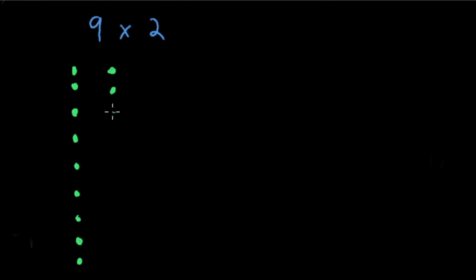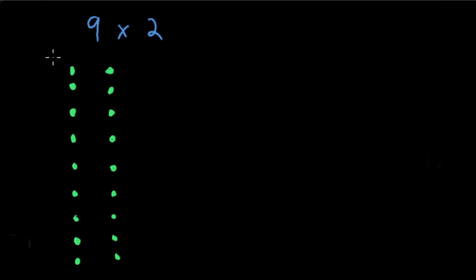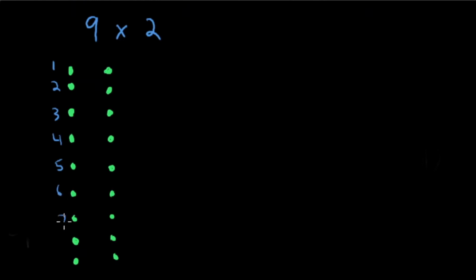And then I need another group that has 9 in it. So take a look here. My 9 times 2, the way that's going to work, here is my first group, my second group, third group, 4th, 5th, 6th, 7th, 8th, 9th. That's one way you could have drawn it.